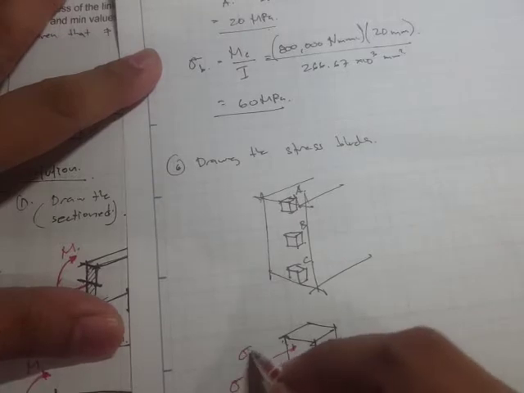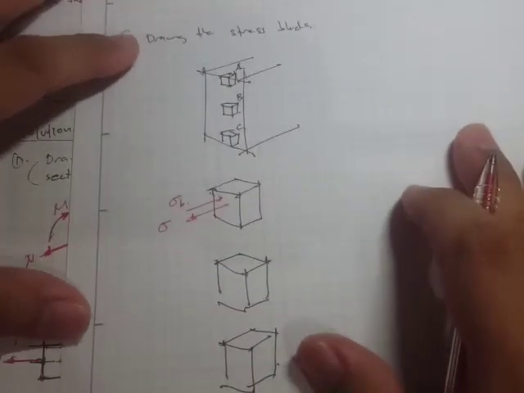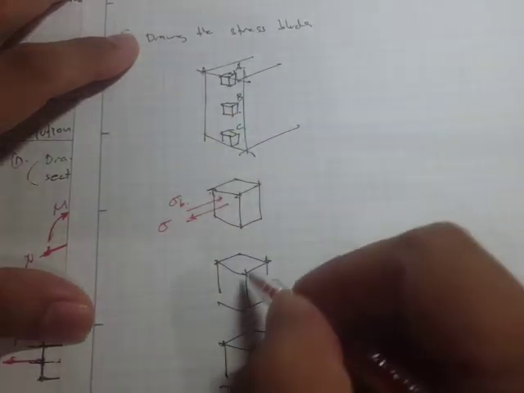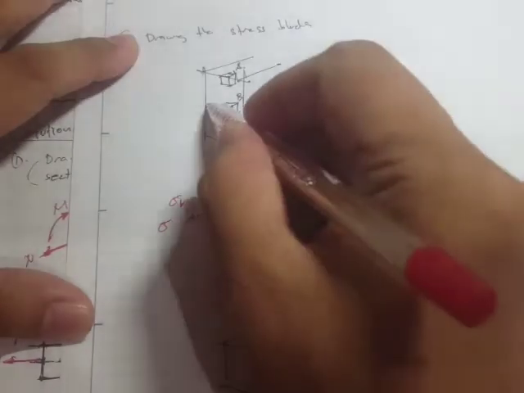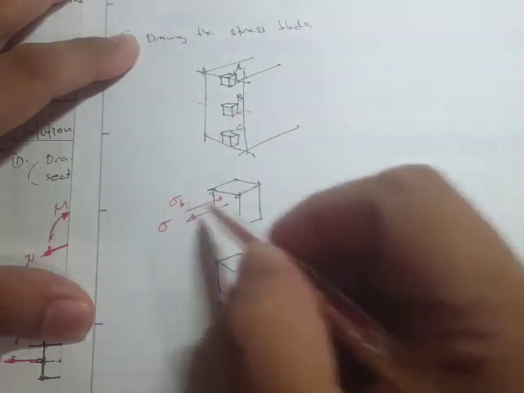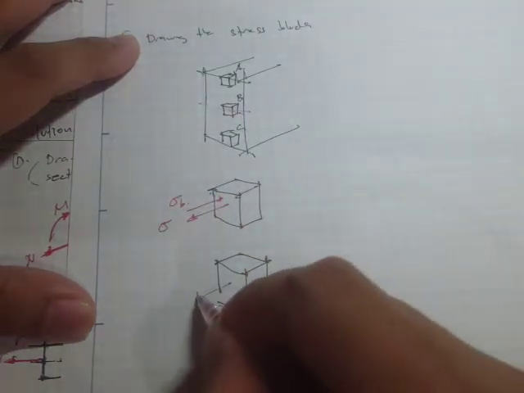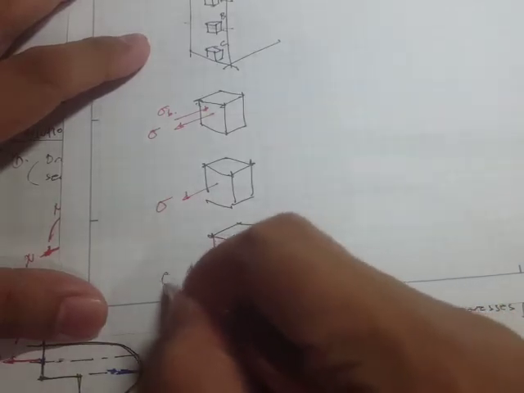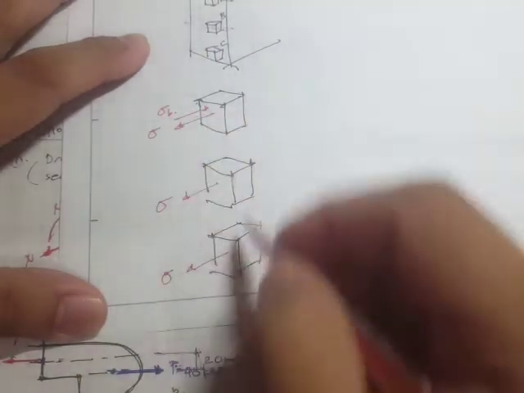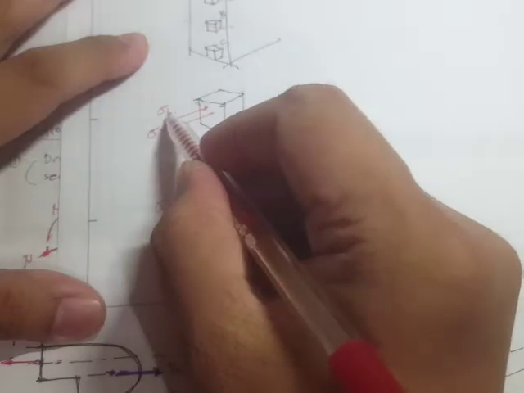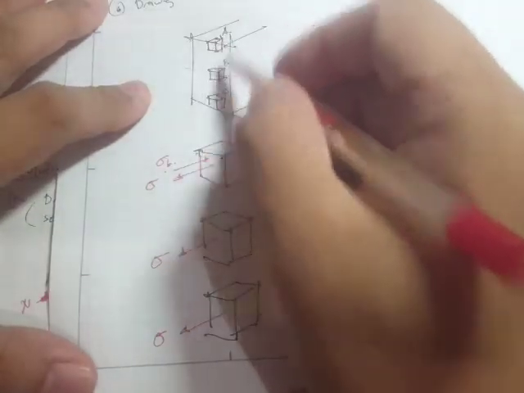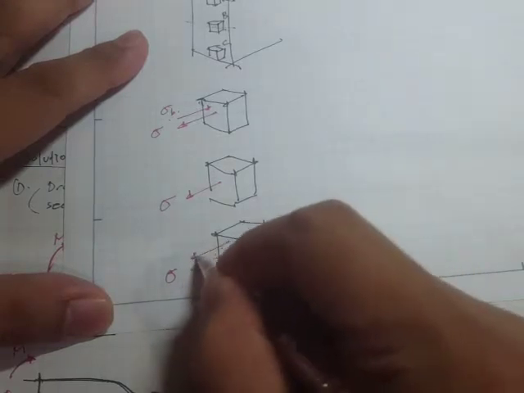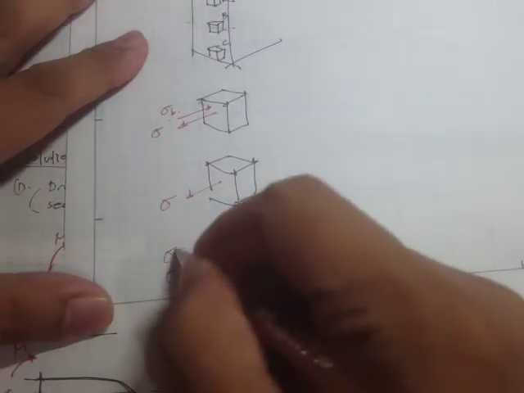This is the bending stress for stress block A. And for stress block B, since this is the neutral axis, we don't have the bending stress, but we only have this axial stress. For C, we also have axial stress, except that for the bending stress, if this is in compression, this one is in tension. So they have the same direction right here.